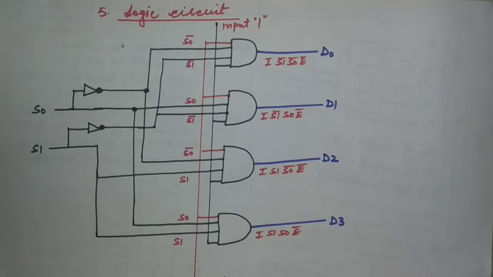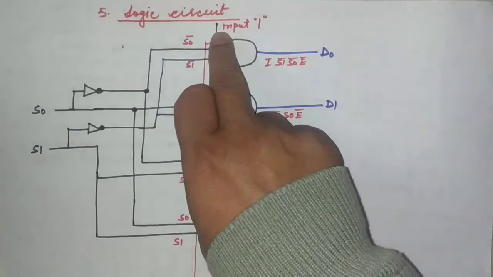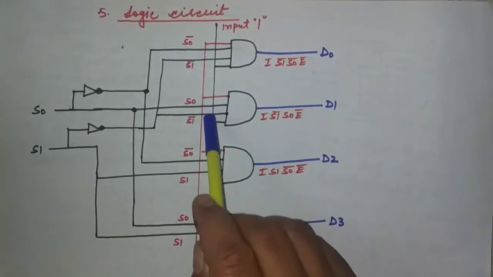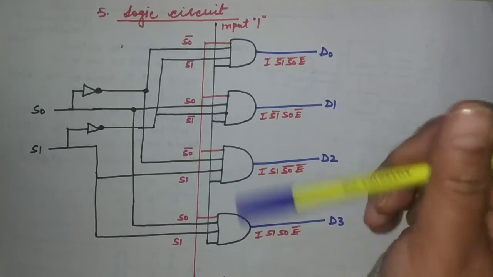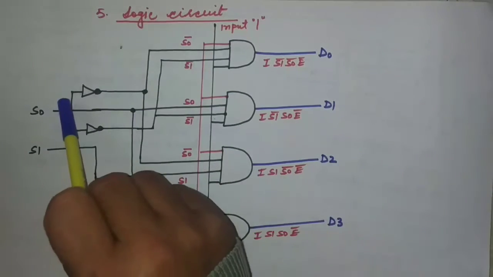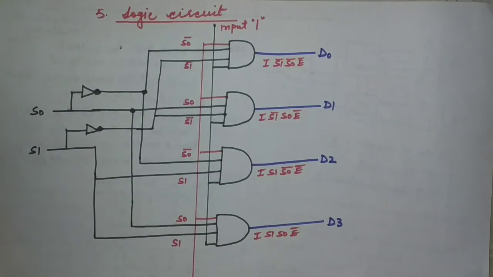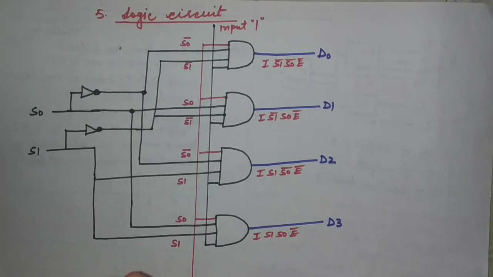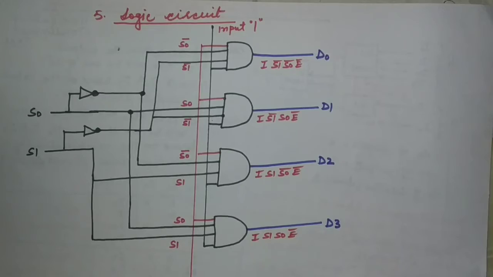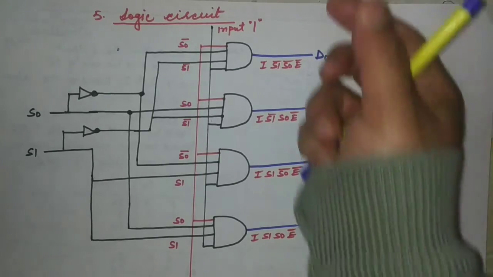This is the logic circuit diagram of the 1 to 4 demultiplexer. We have one input, and that input is attached to all the AND gates. Enable is also attached, and S0 and S1, which are the selection lines, are attached with their respective combinations to the corresponding AND gate.